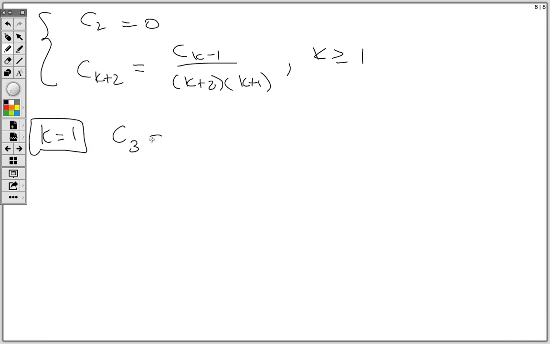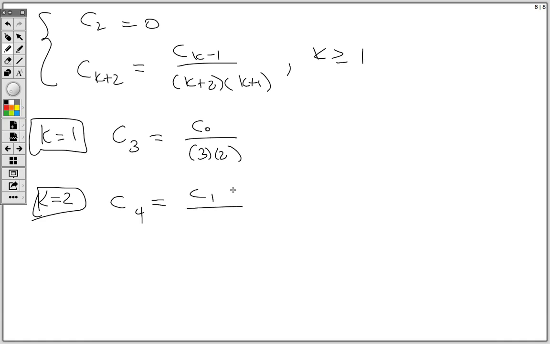I get c3 equals c naught over 3 times 2. When k equals 2, I get c4 equals c1 over 4 times 3.